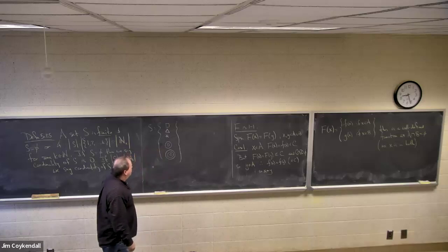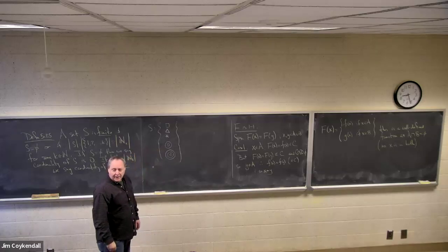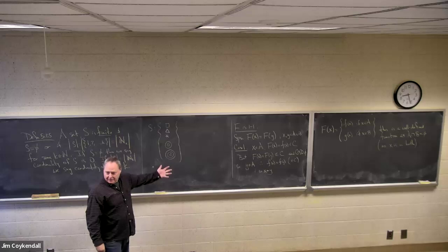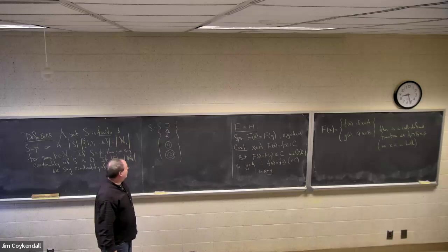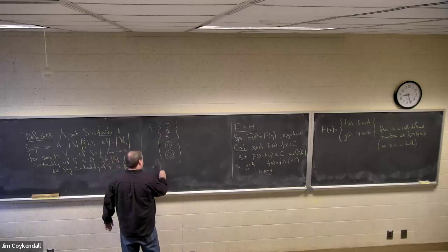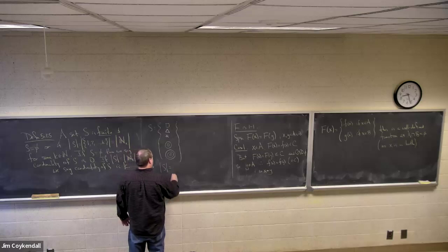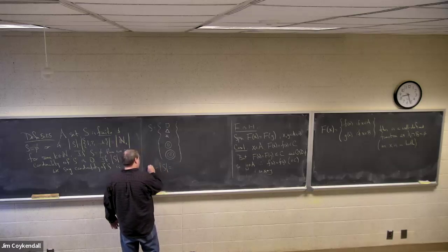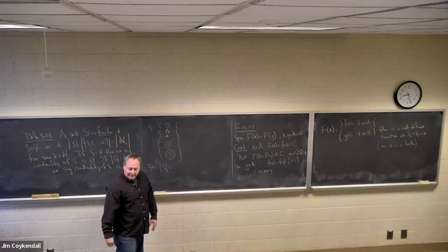Okay, here's a set of like, how many things? 5 things, right? The cardinality of S is 5, there's 5 things in it.